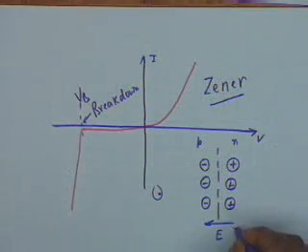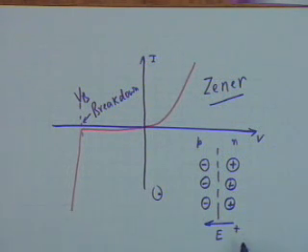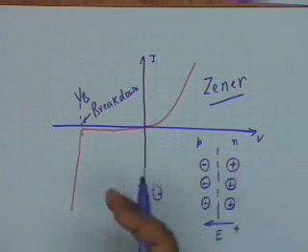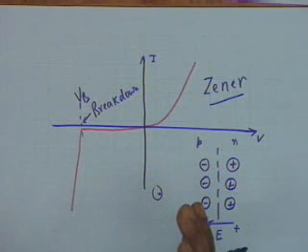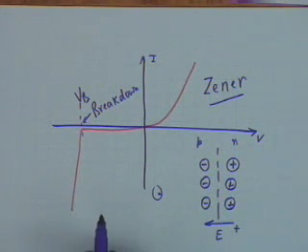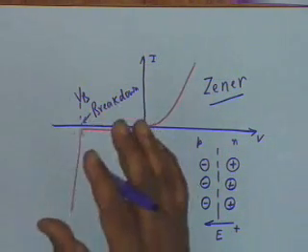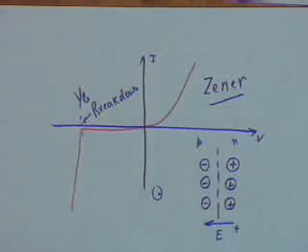breakdown sets in, the minority carriers come into play. For example, what are the minority carriers in the N-type region? Holes, thermally generated holes. These travel from the right side to the left side, and if the reverse voltage is high, they might acquire enough energy to set an electron free by colliding with a neutral atom.